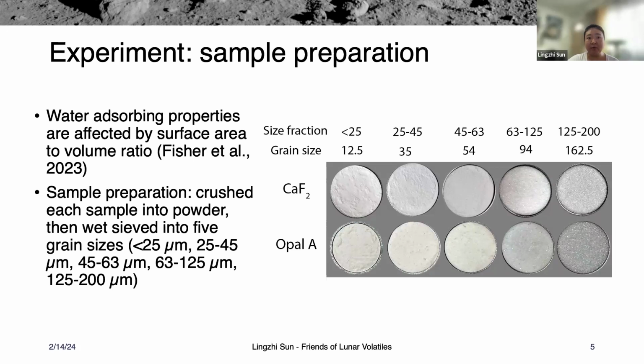So for each sample, we crushed them into powder, then wet sieved them into 5 grain sizes. The grain size labeled here is the midpoint of the two end sieve sizes.